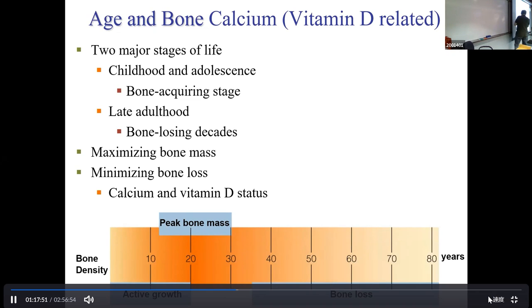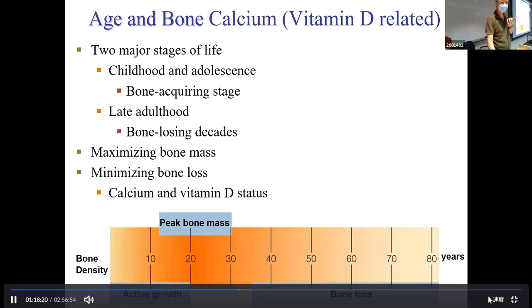So the aspect is that we have a maximum amount of bone mass while we are still able to accumulate bone mass. If you look at the age aspect, there are 2 or 3 phases.